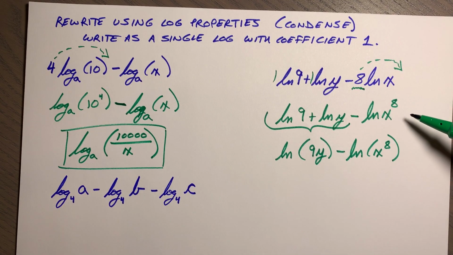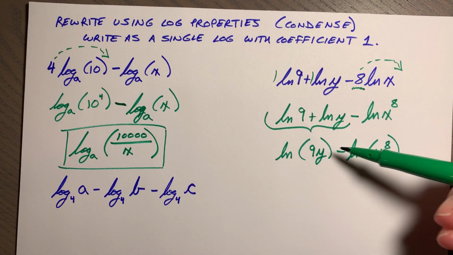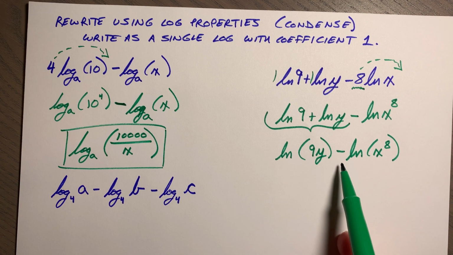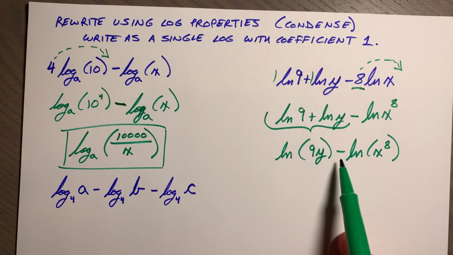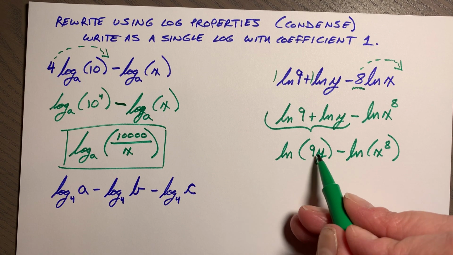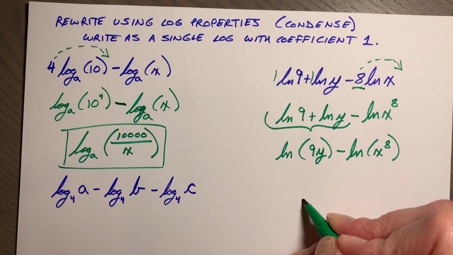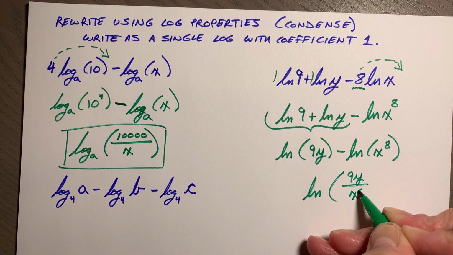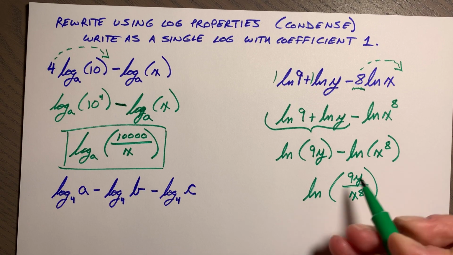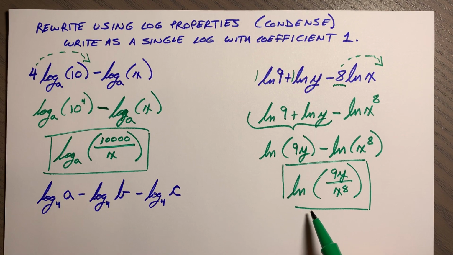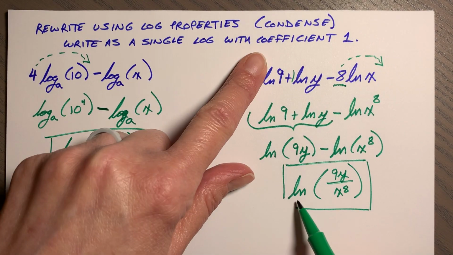I would not count it wrong if you did not use the parentheses here, but it makes it clearer. And now we've got subtraction. Well, this is a quotient property then. So if I have natural log of this minus natural log of this, we can write a single natural log of 9y over x to the 8. Right? That would be our single log, right? Our single log with coefficient 1.